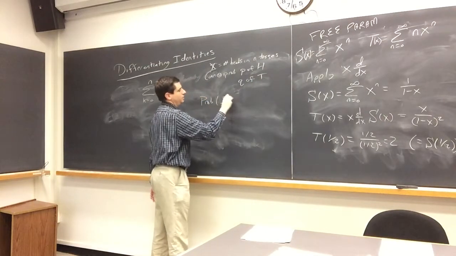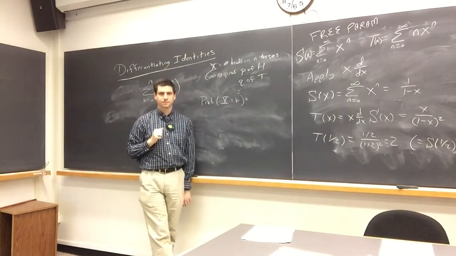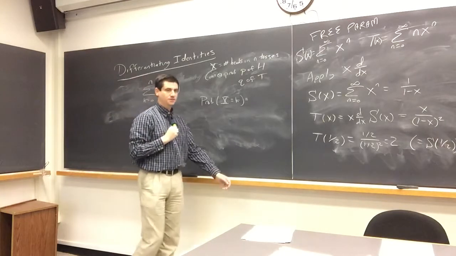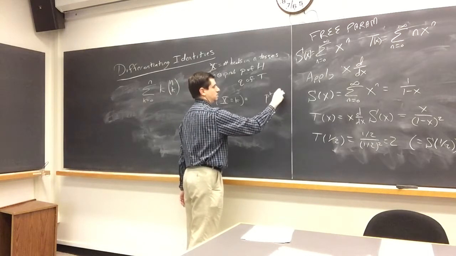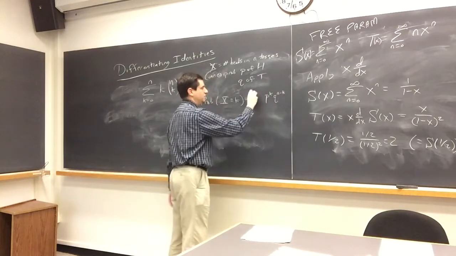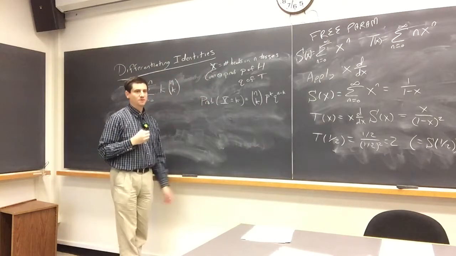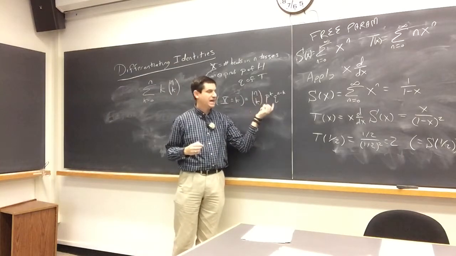What is the probability we observe exactly k heads? p to the k, q to the n minus k, times n choose k. And the convention is just to write the n choose k first. So this is the probability we get exactly k heads.